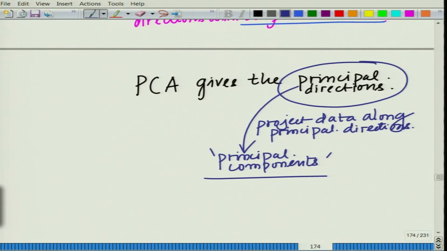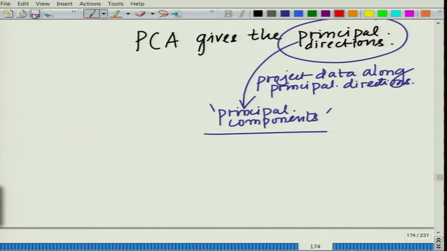Once you determine these principal directions, the next step is to project the data, take the inner product along these principal directions to obtain the principal components of the data, and that results in dimensionality reduction.